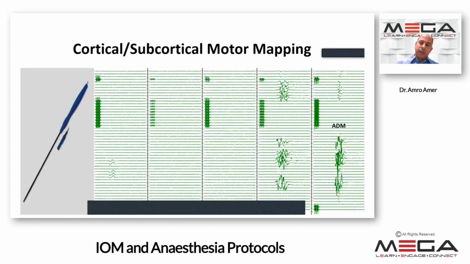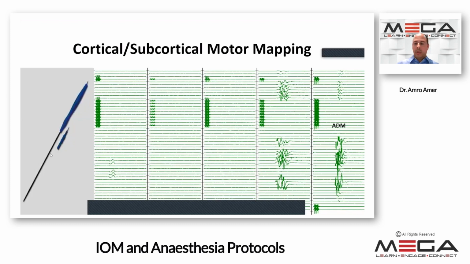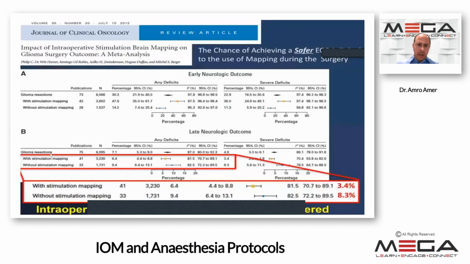The picture showing a signal here in the green is one of a monopolar probe. There was a meta-analysis done by a group of surgeons, one of them a French neurosurgeon.